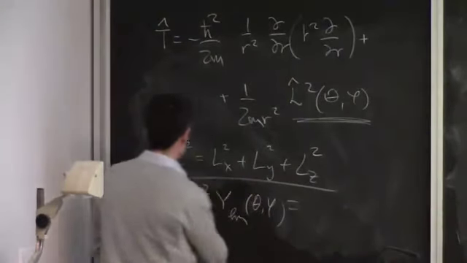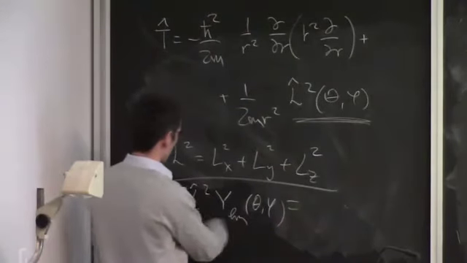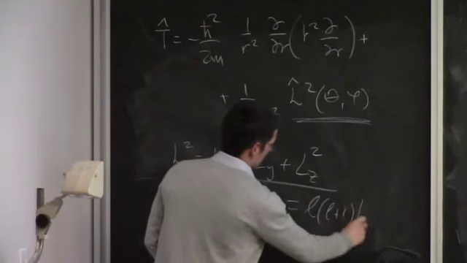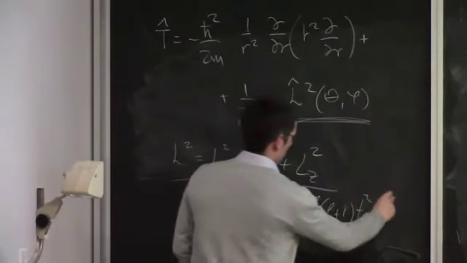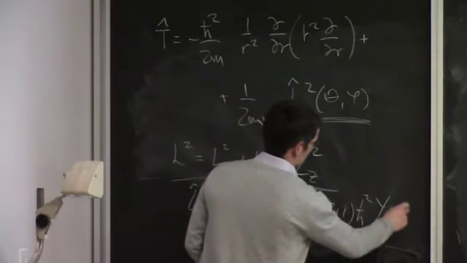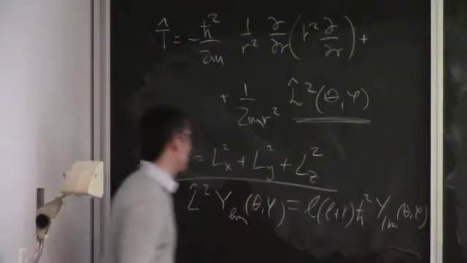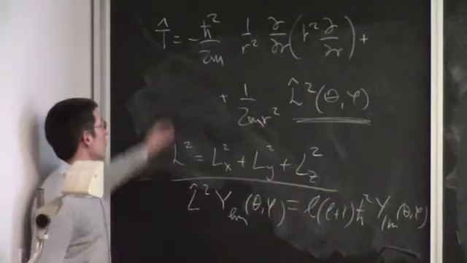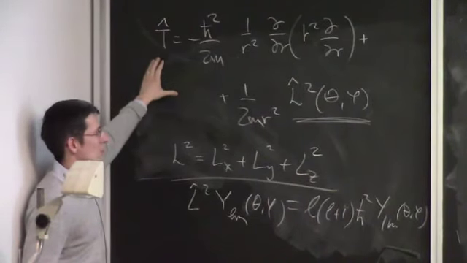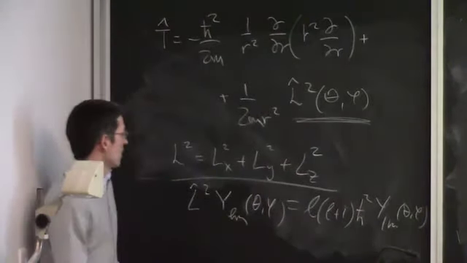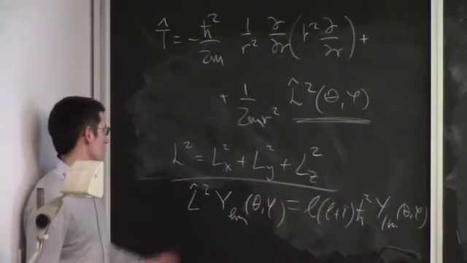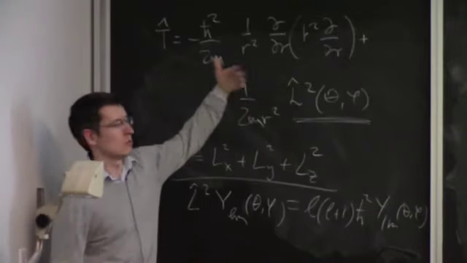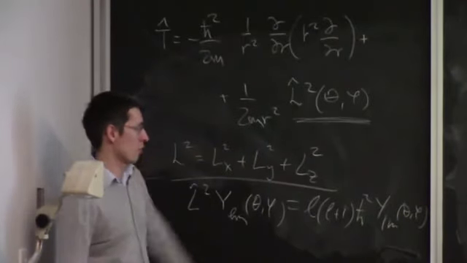And we established how to solve this equation, L times L plus 1, h bar squared, Y L M, theta phi. Right, so we learned how to solve this equation. And today we will address the whole hydrogen problem, because now we have a solution for L squared, and we will build the solution for the total problem.